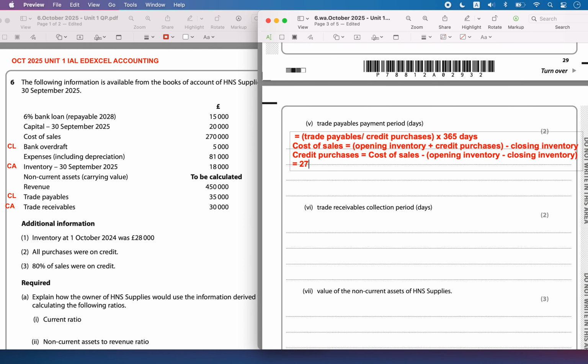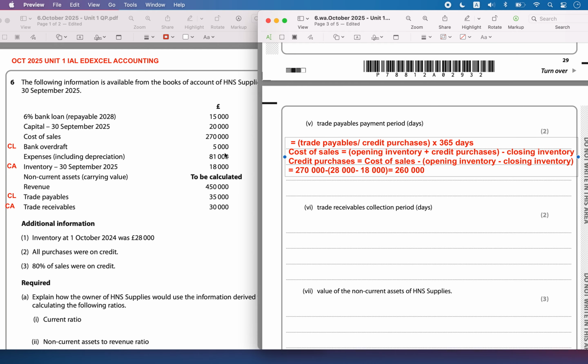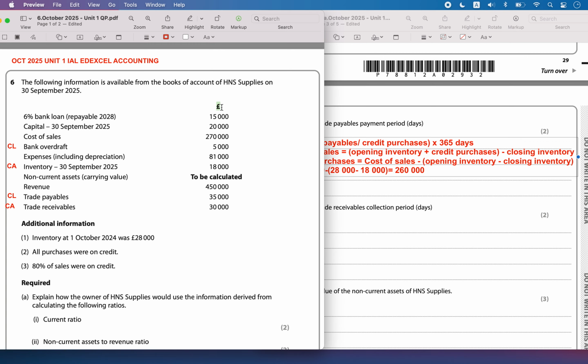What is the cost of sales? That is 270,000 minus the opening inventory, which was 28,000, minus the closing inventory, which was 18,000. So the credit purchases amount is going to be equal to 260,000.